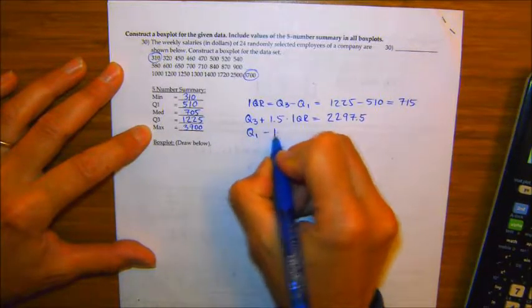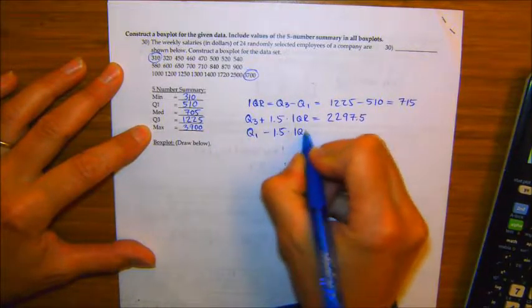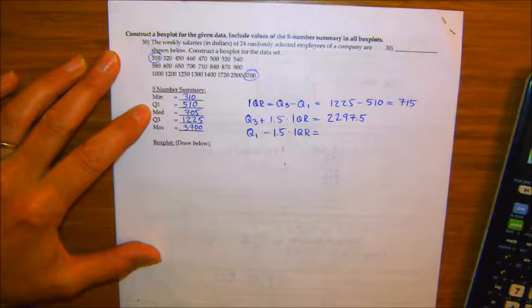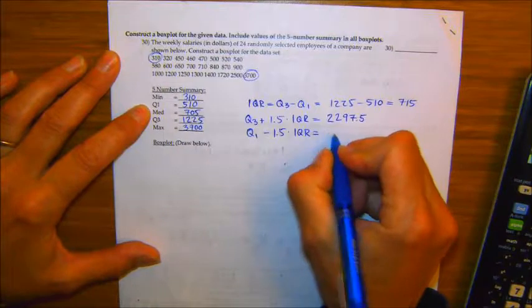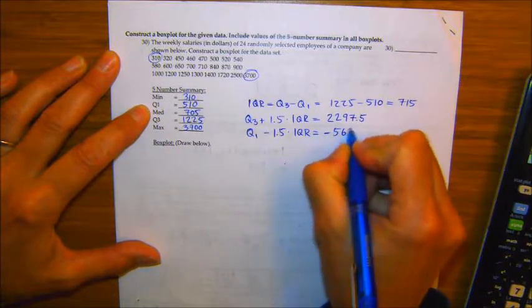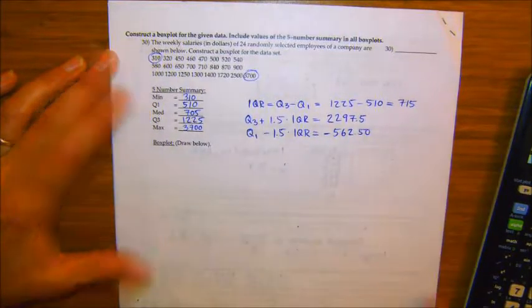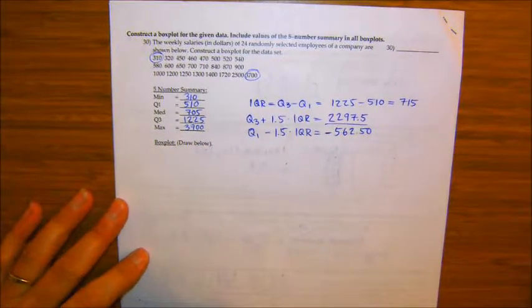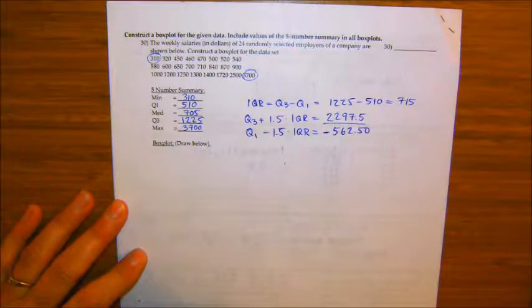Then we do the same thing with Q1. We're going to subtract 1.5 times the interquartile range. So that would be 510 minus 1.5 times 715. And that's going to be a negative number. So there's going to be no outliers on that side. But let's see if there's values that are greater than 2,297.5.